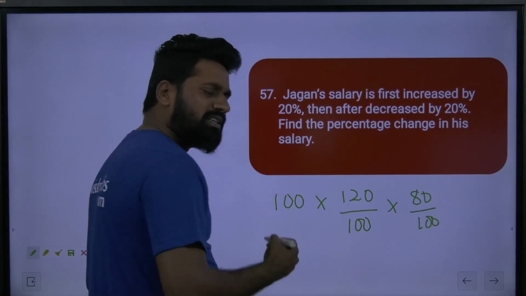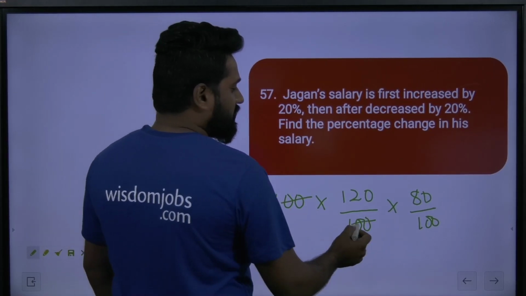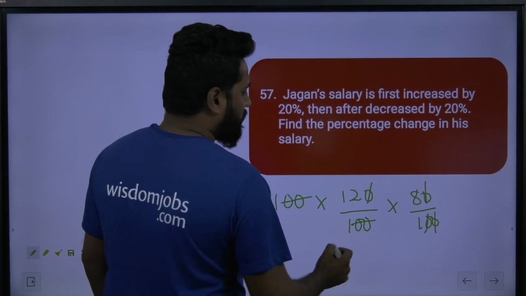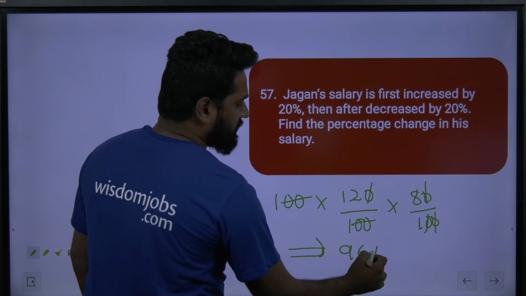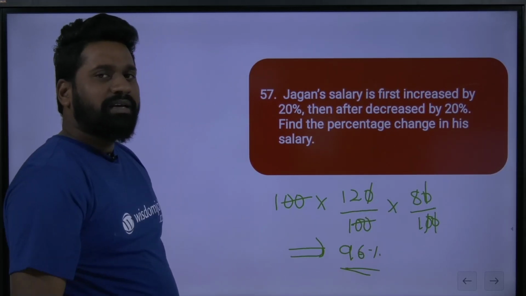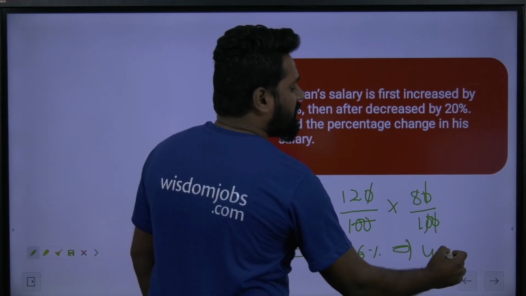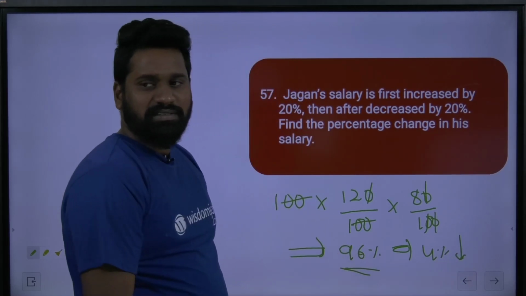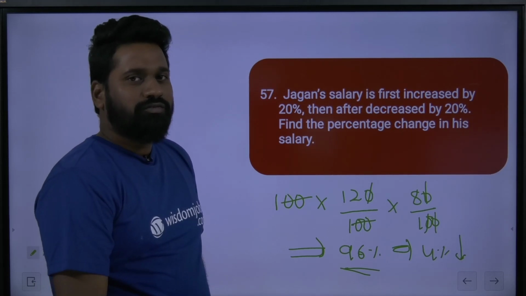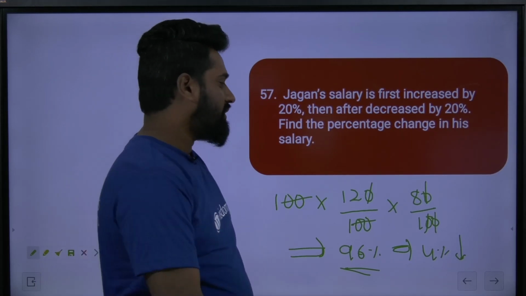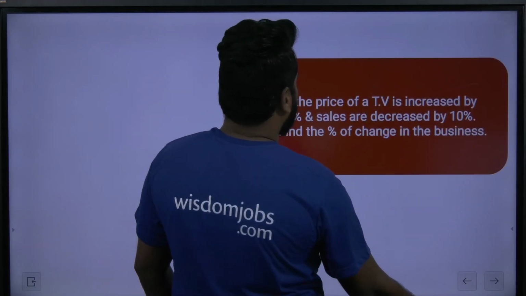You can consider the general method also, but this is an easy method again, right? So 2 zeros, 2 zeros cancel. 12 eights are 96%. So finally salary becomes 96%. That means how much percent decrease? 4% decrease, because first it is 100%, now it becomes 96. So definitely it is decreased by 4%. Clear? Right. Go for the next question.